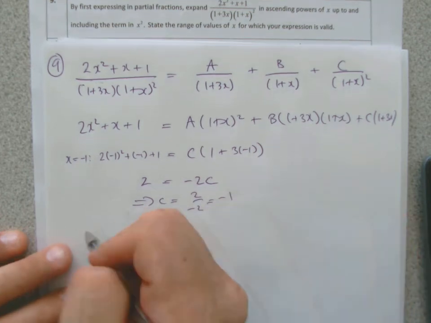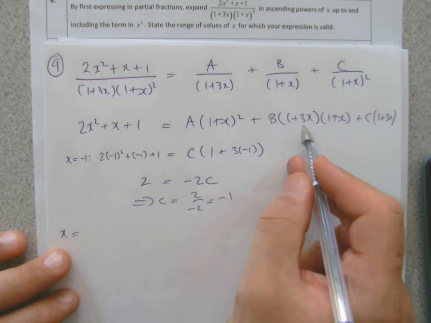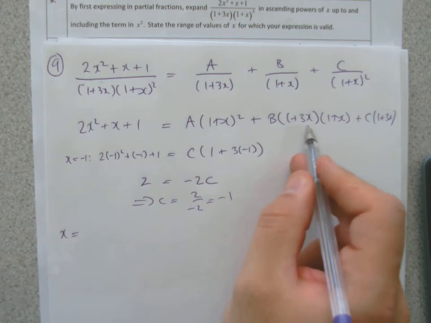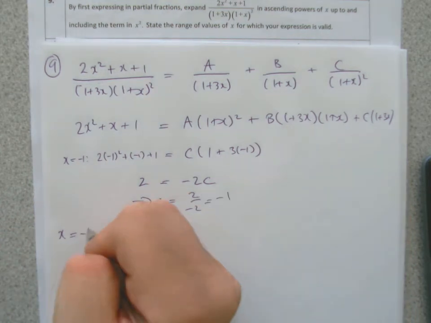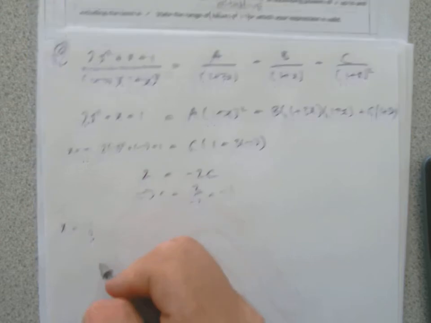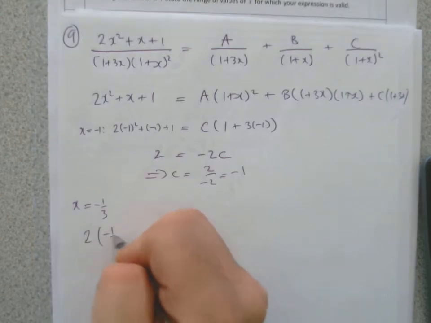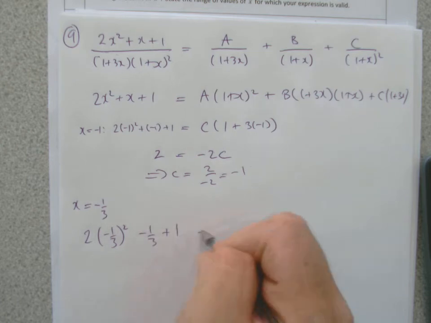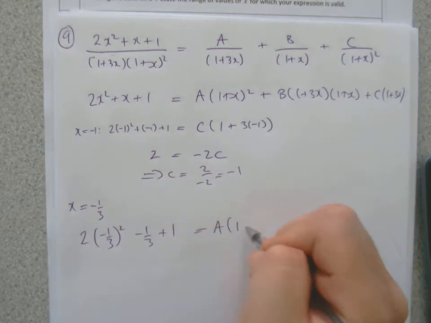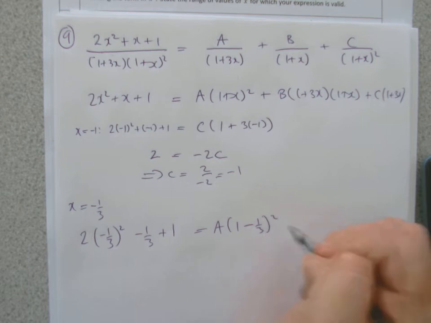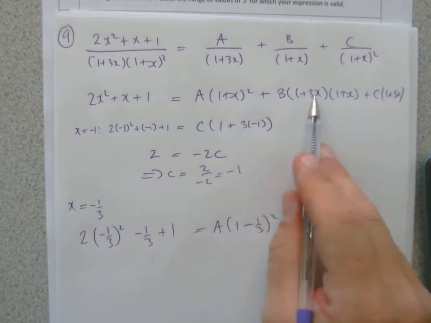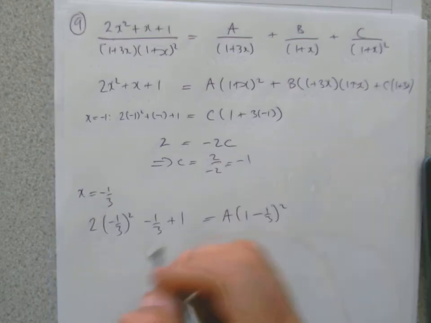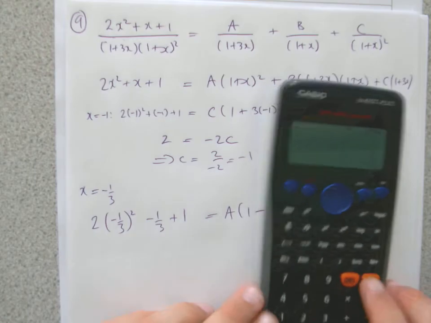So that means C is equal to 2 upon minus 2, which equals minus 1. Then we set x to equal minus a third, because we want to make 1 plus 3x equal 0. So we put that in: 2 times minus a third squared, minus a third plus 1. In here we'll have 1 minus a third squared, and they'll cancel.